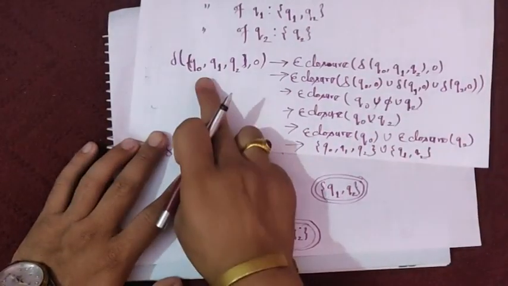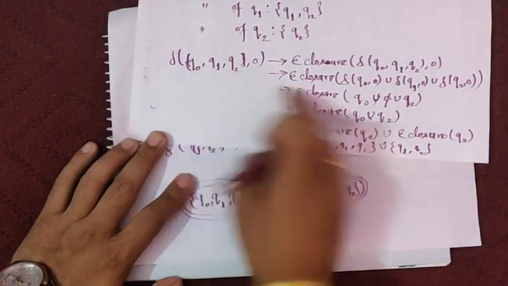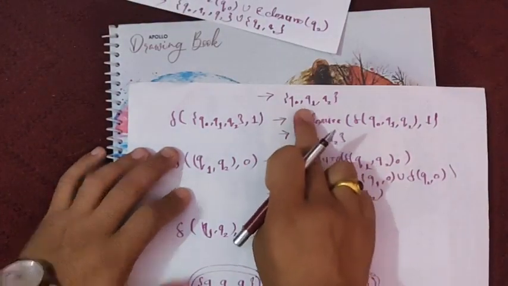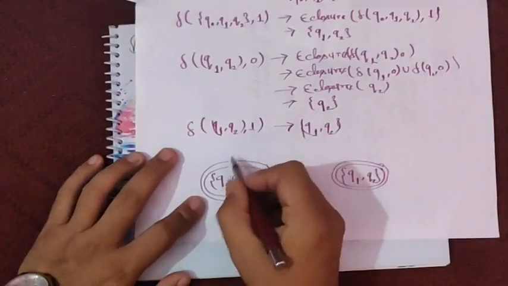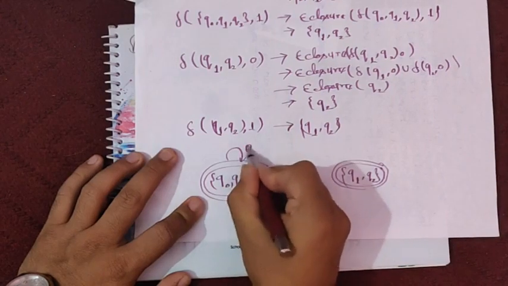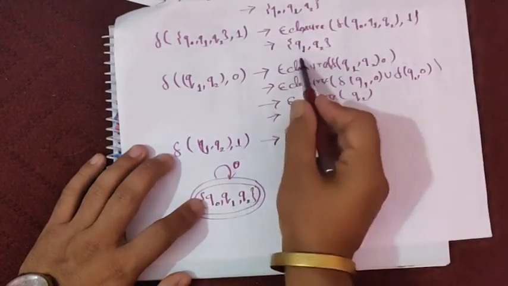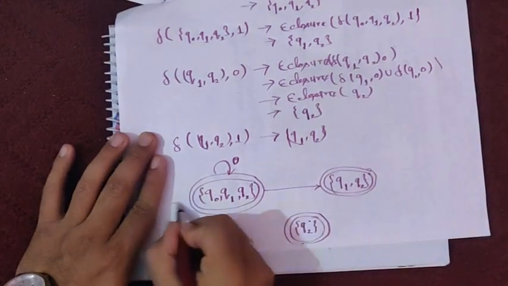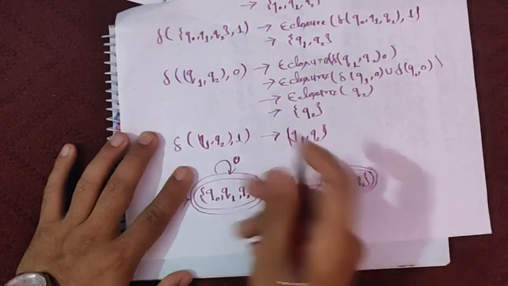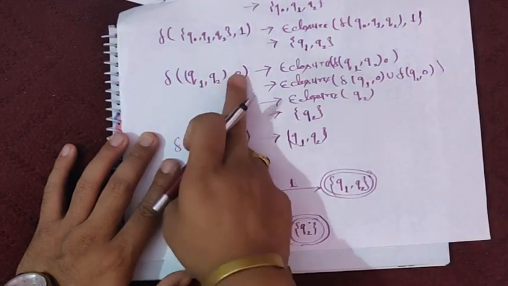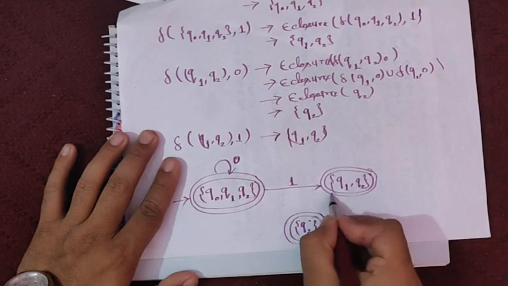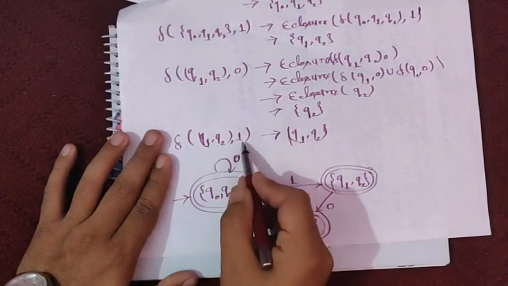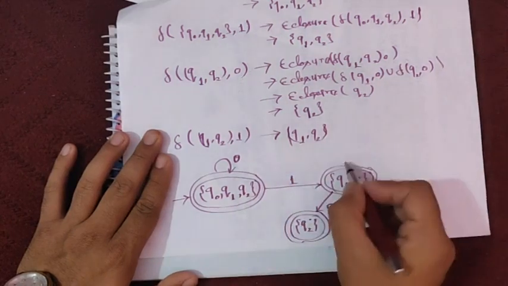When q0, q1, q2 is inputted 0, it moves to q0, q1, q2 itself, and when inputted 1, it gives q1, q2. It was the initial state. When q1, q2 is inputted 0, it gives q2, and when q1, q2 is inputted 1, it gives q1, q2 itself.